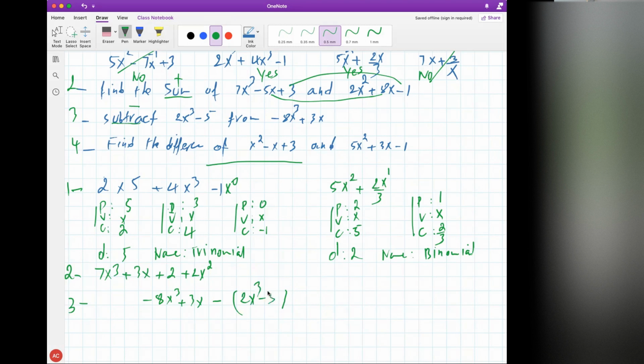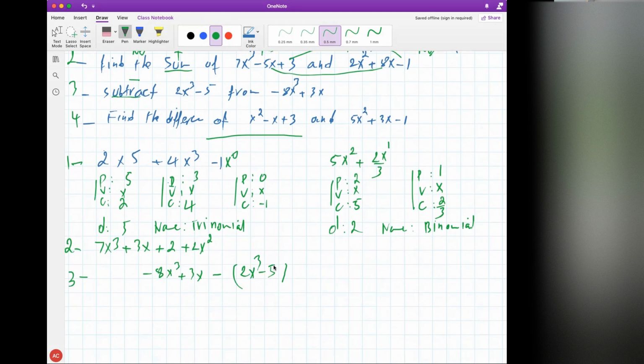The third minus 5. What do we do after that? -5. So you're going to distribute it. So minus x to the third plus 3x, that's minus 2x³, plus 5. So we distribute minus 5, it's going to be -10x to the third.